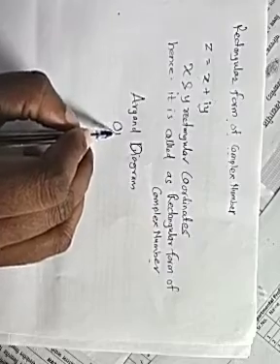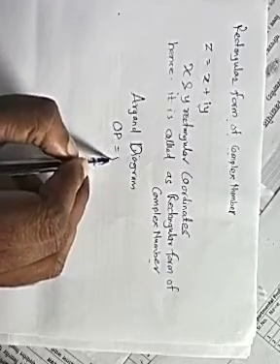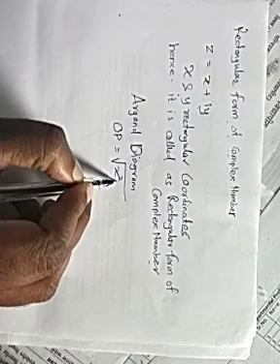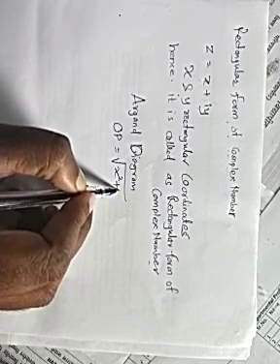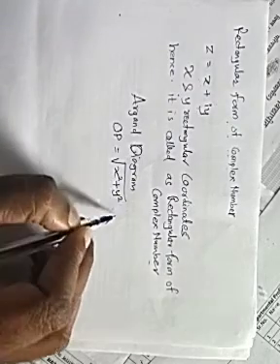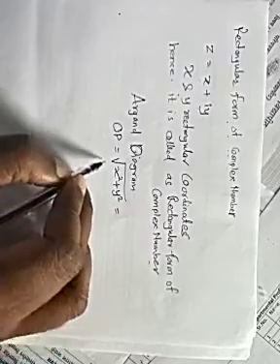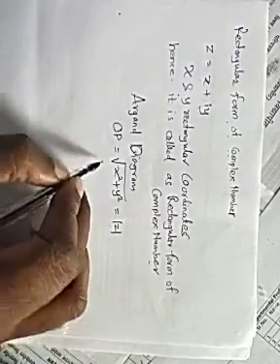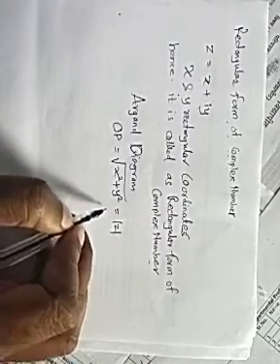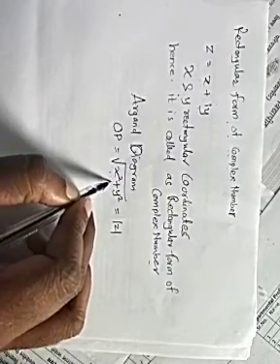we have OP equal to square root of x square plus y square, which is also known as mod of z. We already know that mod of z is equal to square root of x square plus y square.